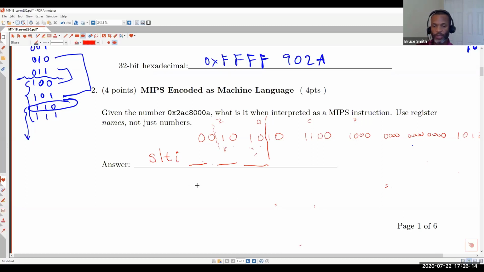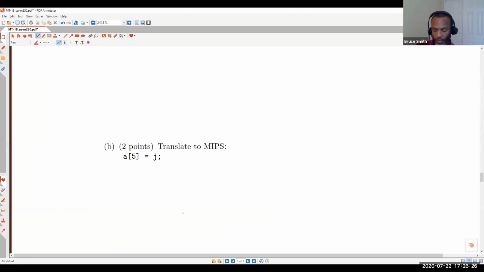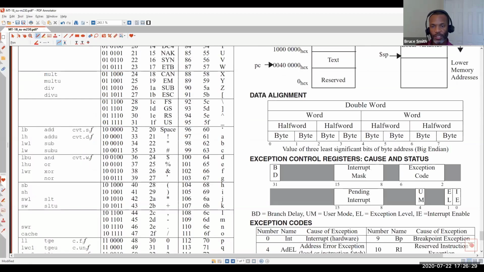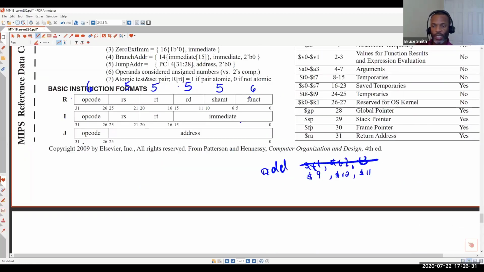What we know about this is that it is an I format instruction, and the I format instruction is boxed differently. They all have an opcode, 5 bits for one register, and 5 bits for another register.